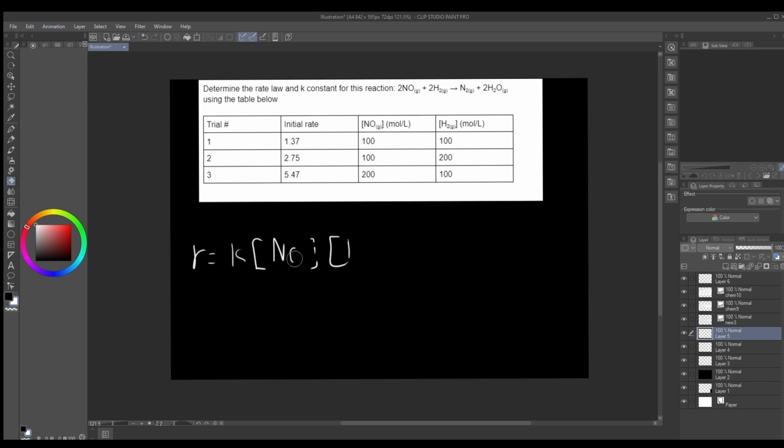I'm making a general equation first. So we have a concentration of, let's say, A, and the concentration of, let's say, B. And then they also have exponents which are unknown. Let's just go with M and N.